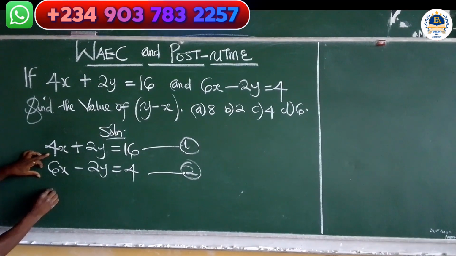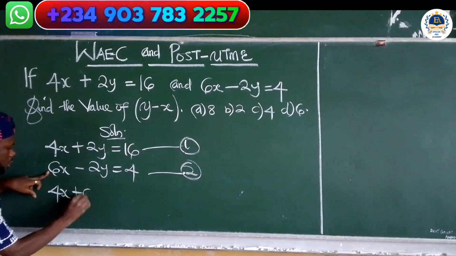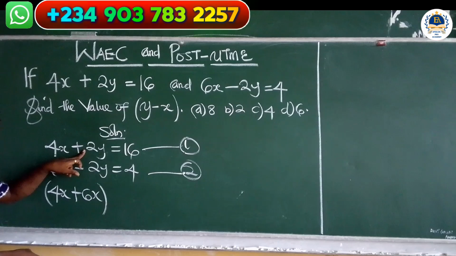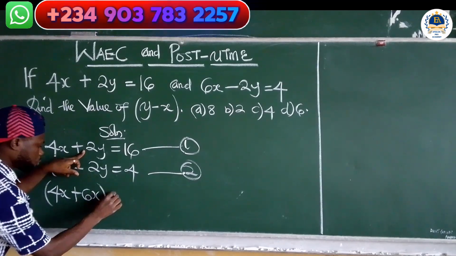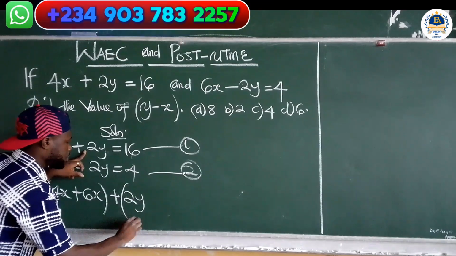From equation 1, we have 4x plus 6x. Let's put this in brackets. Over to the y variables, we have plus 2y in brackets.